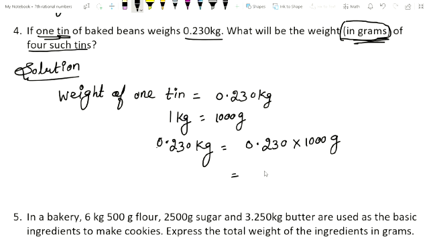Multiply this, what you will get? 230,000. Now here 3 decimals are there. Just you keep it here, so it cancels. So what you will get? 230 gram.